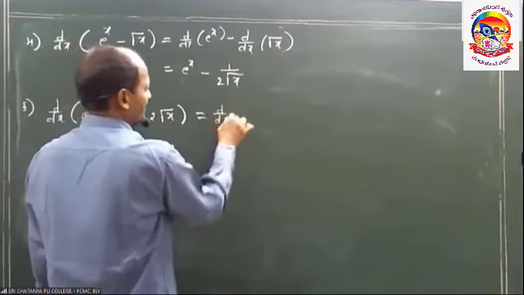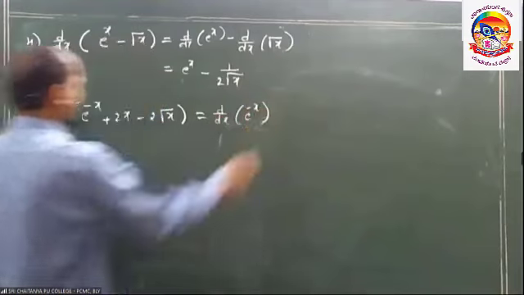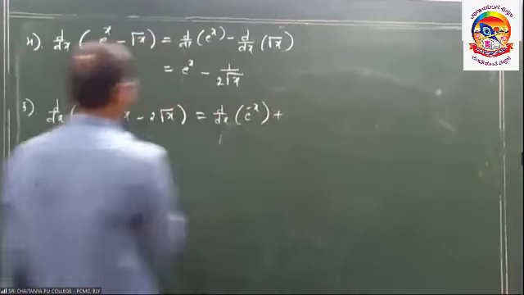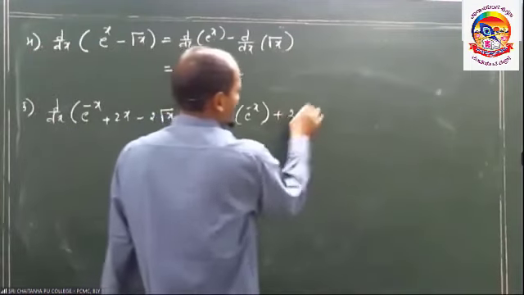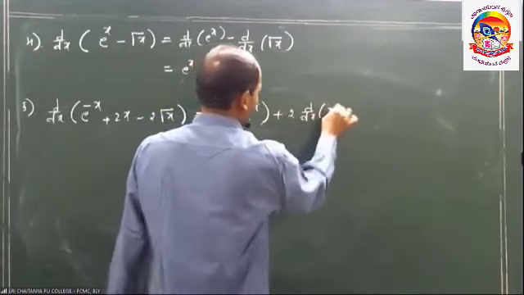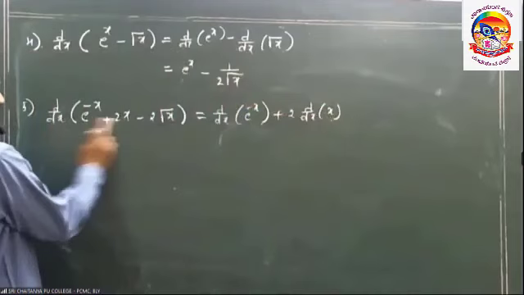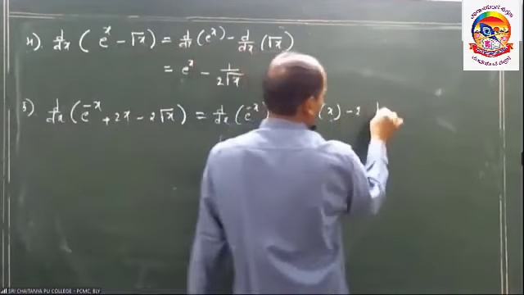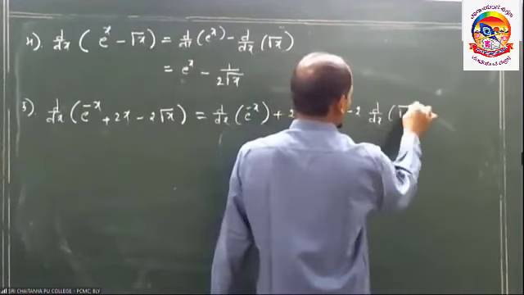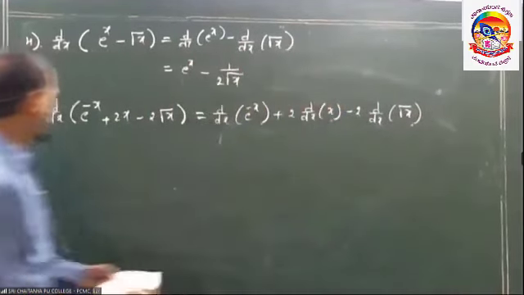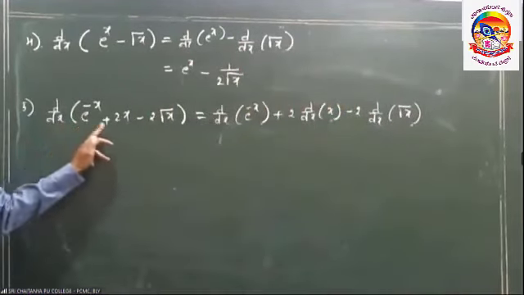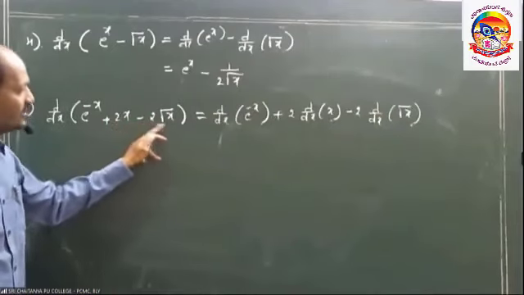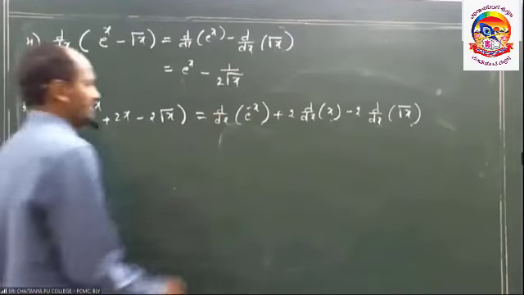So first, the derivative of e power minus x, plus 2, which is a constant, into the derivative of x, minus 2 into the derivative of root x.